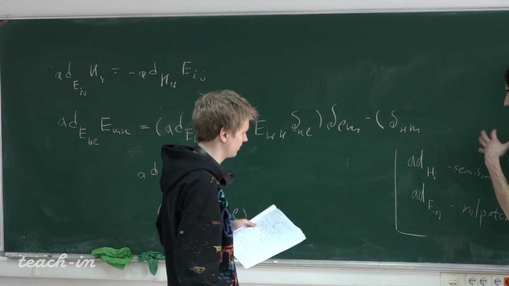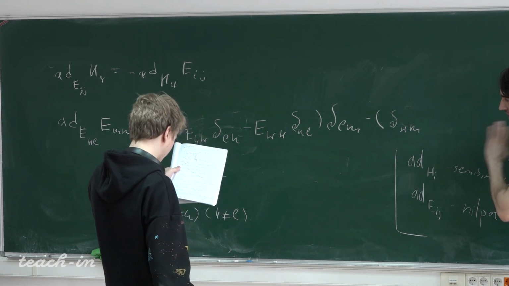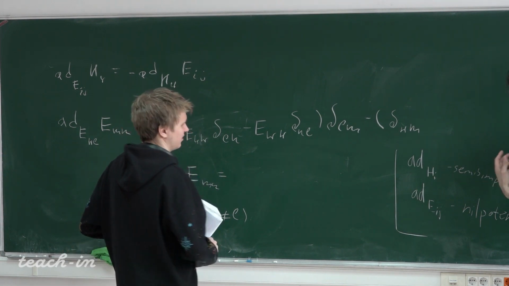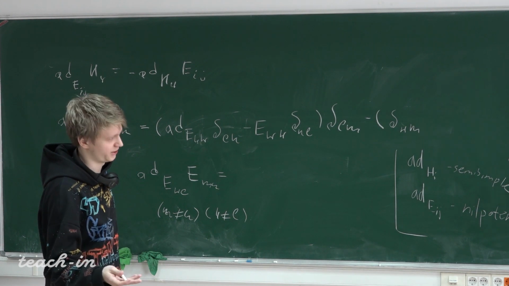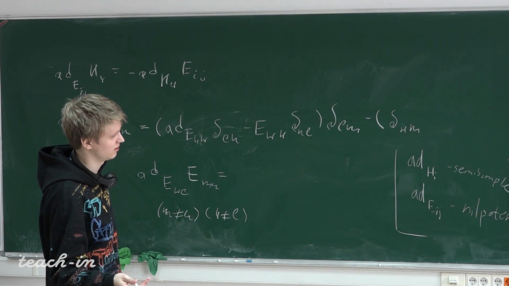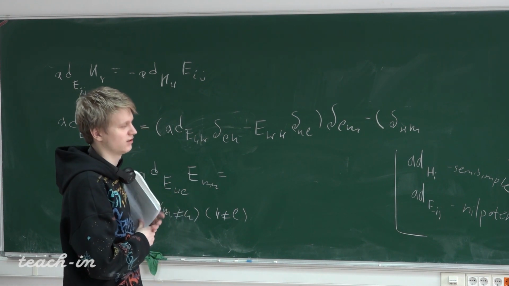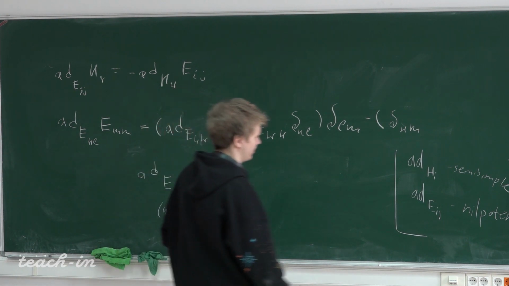So now what's your next step? Before even writing any formulas, can you say it in words? It's very important to formulate the next goal. It is to use linearity, because linearity is okay, we can apply that, but for what? Use linearity to compute what?